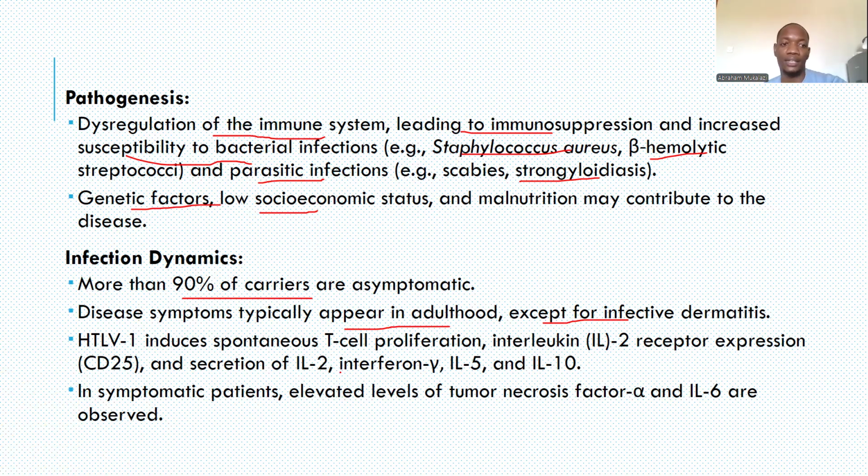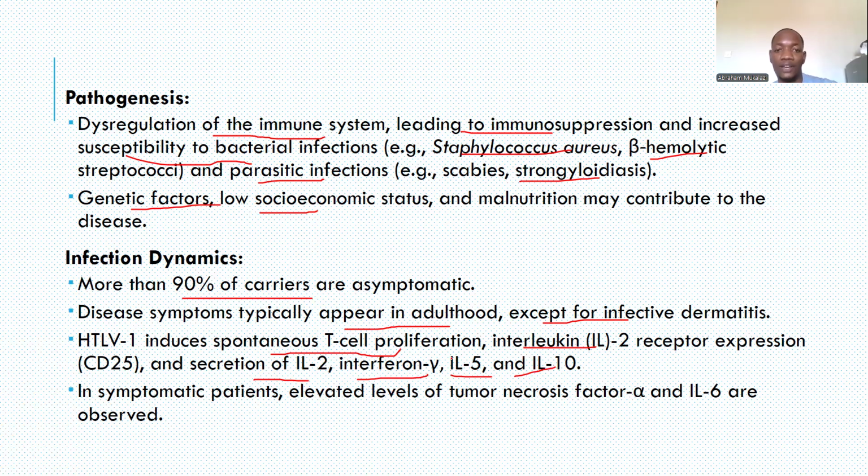We see that this virus usually induces spontaneous T-cell proliferation, expression of interleukin-2 receptors, and also secretion of interleukin-2. All these are pro-inflammatory cytokines, as well as interferon gamma, interleukin-5, and also interleukin-10, which is usually inhibitory.